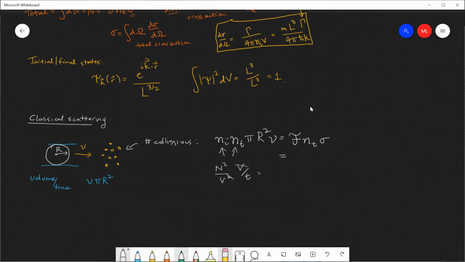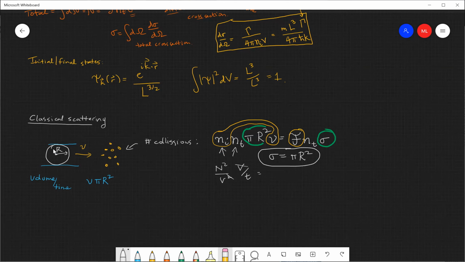So this is just equal to the flux. From here, we can identify that pi r squared must be equal to sigma. That's the only thing remaining. So we see that for this situation, classically, the total cross section is just pi r squared.